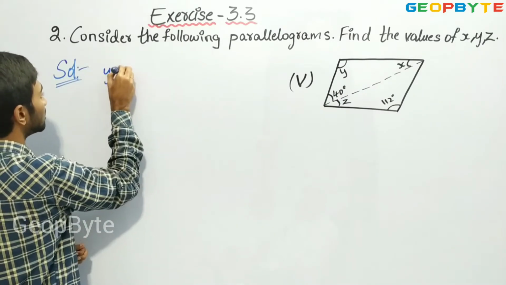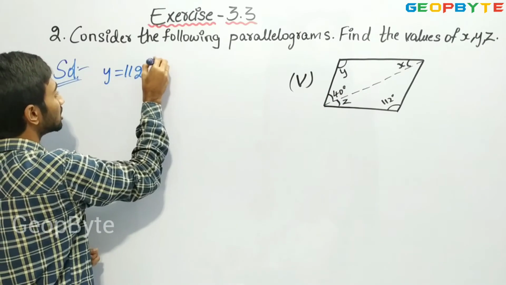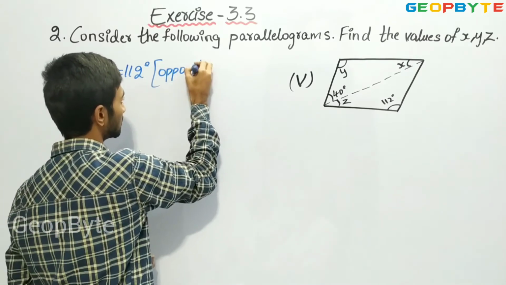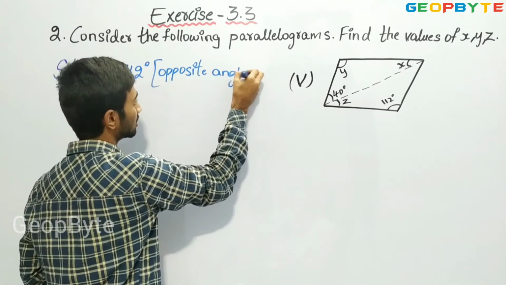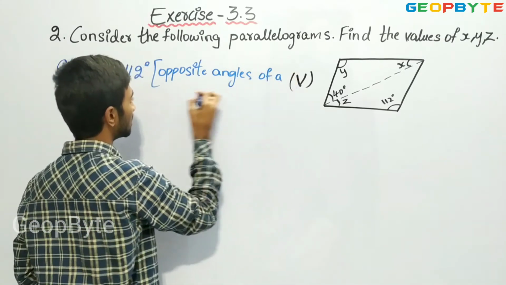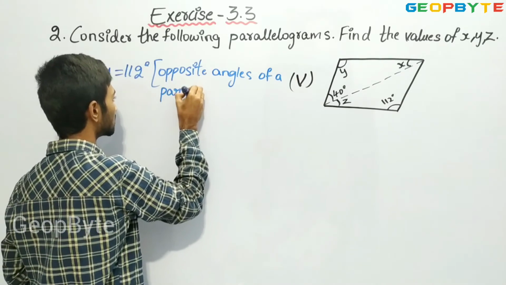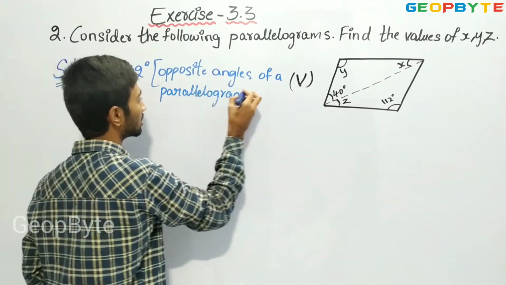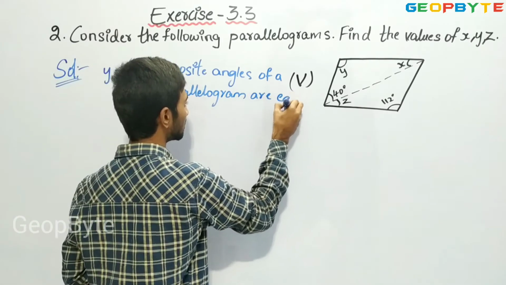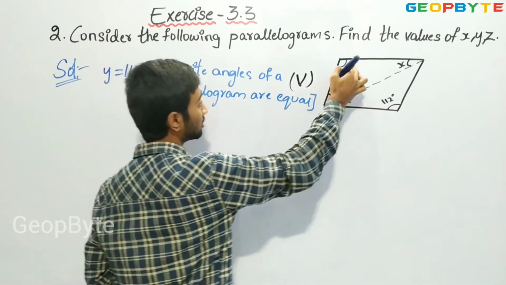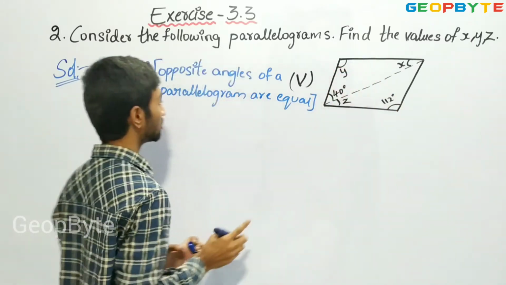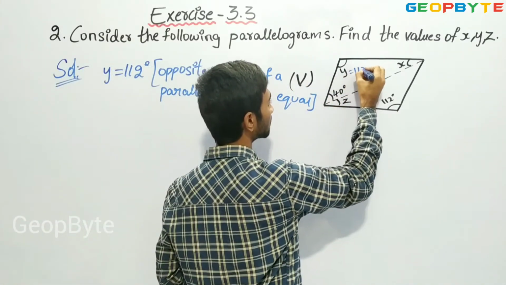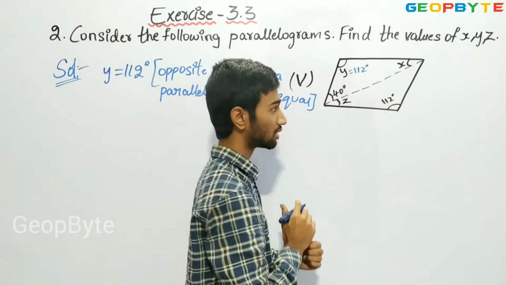So y is equal to 112 degrees, because opposite angles of a parallelogram are equal. So that is the reason y is also equal to 112 degrees. So this angle is equal to this angle.